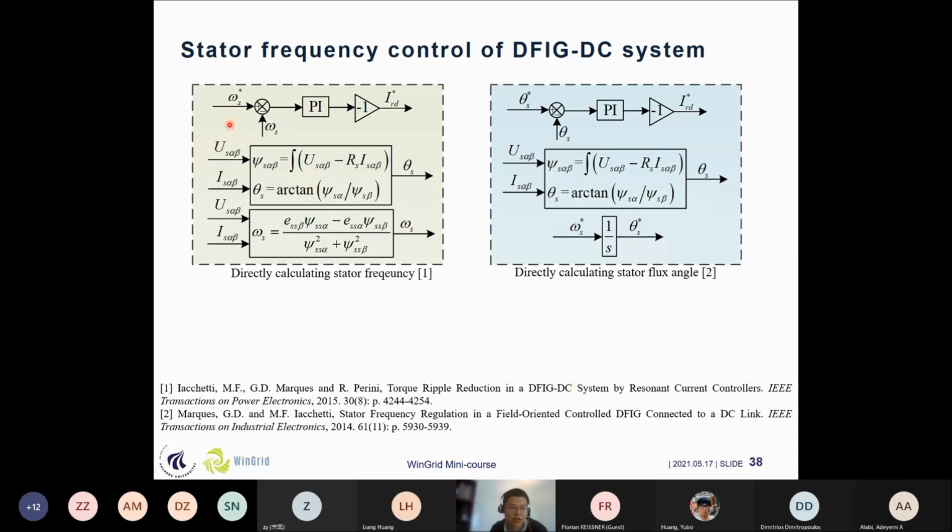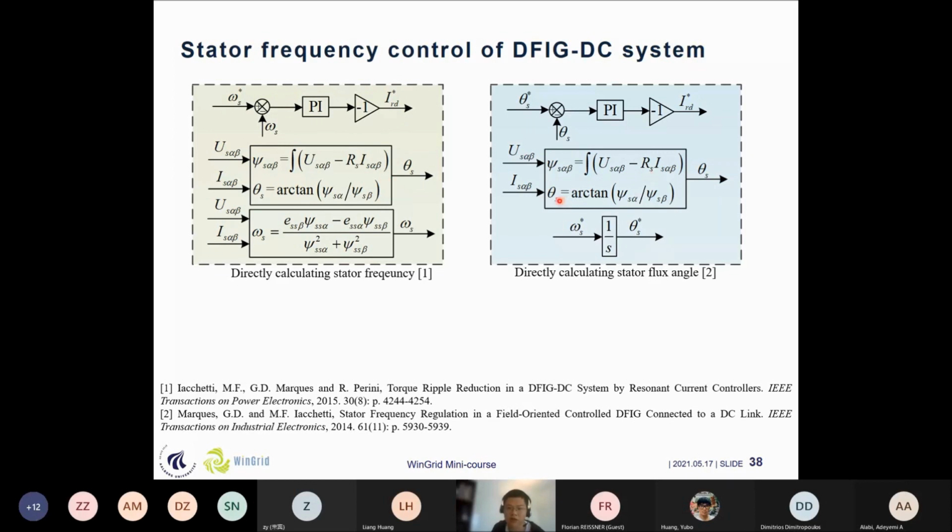A very simple idea is to acquire the stator frequency. From the voltage model, we can acquire the stator voltage angle, and by differentiating the stator voltage angle, we can get the stator frequency. We can set a stator frequency reference and pass the error of the stator frequency through a PI controller to get the control.